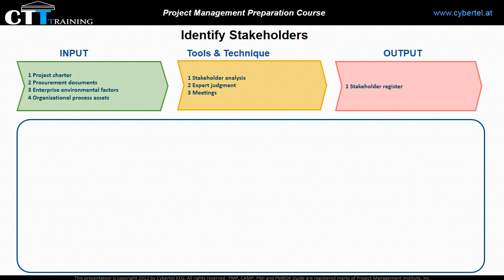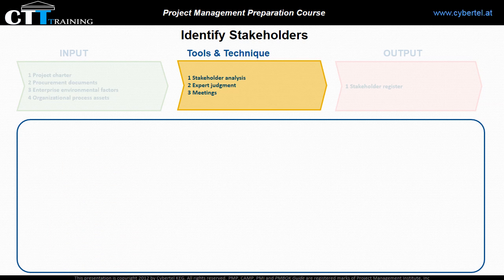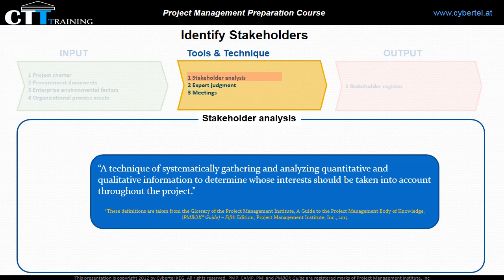And here is how we perform this process using the tools and techniques. The first tool and technique is stakeholder analysis. This is a technique of systematically gathering and analyzing quantitative and qualitative information to determine whose interests should be taken into account throughout the project.